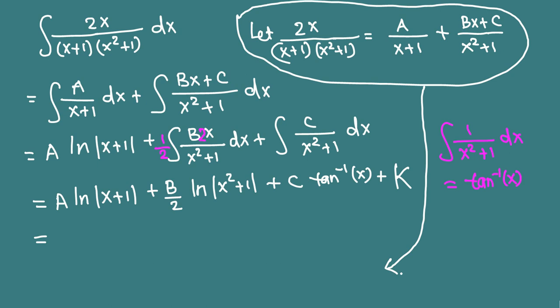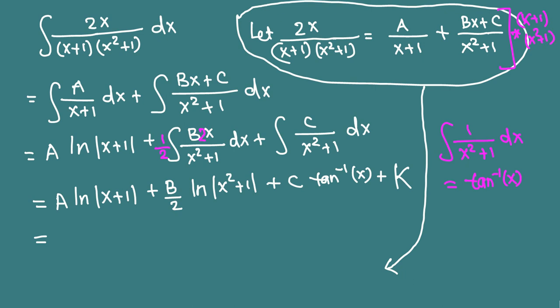This is an equation with fractions, so we want to multiply both sides by the common denominator of the right side, which will always be the left side combined. So multiply through by the common denominator, x plus 1 times x squared plus 1.